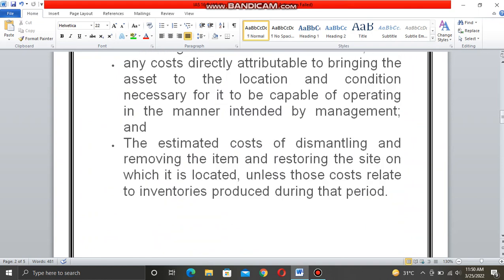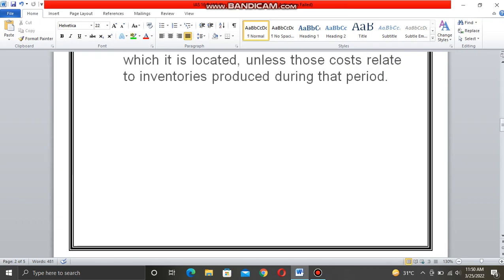You have to modify it, you have to bring it to your store, to your warehouse, whatever place you set for your business activities. All right, the estimated cost of dismantling and removing the item and restoring the site on which it is located, unless those costs relate to inventories produced during that period.